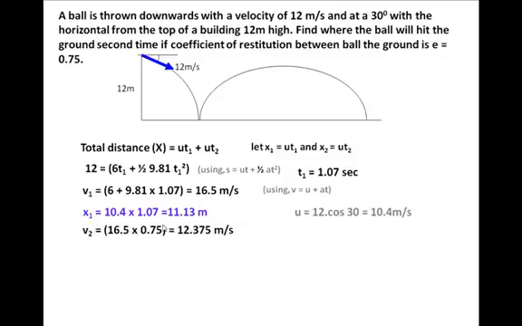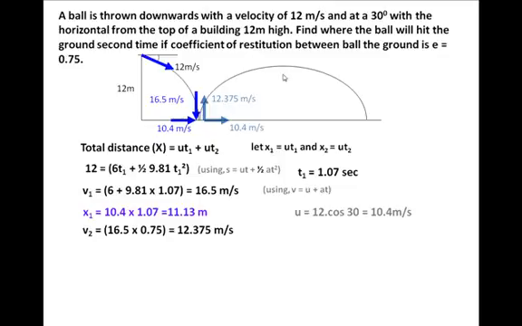Now when we talk of v2, it is hitting with 16.5, so it will go up with 16.5 into 0.75, the e, that is 12.375. And the horizontal velocity of the projectile was 10.4 here, it will be 10.4 after the impact also, because here again the impact is in the vertical direction. So here you get your v2.